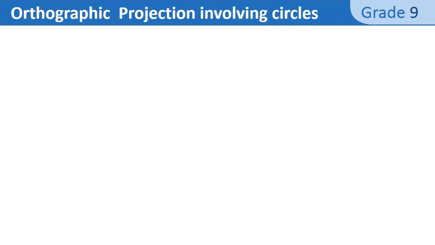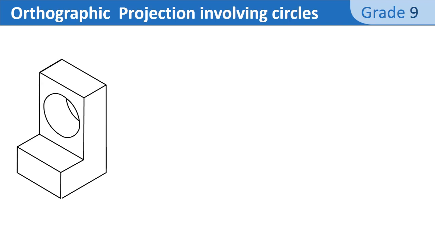So now I will show you the different steps to follow when drawing orthographic views. You will get the isometric drawing. What you can do first is draw a crate for the isometric block.